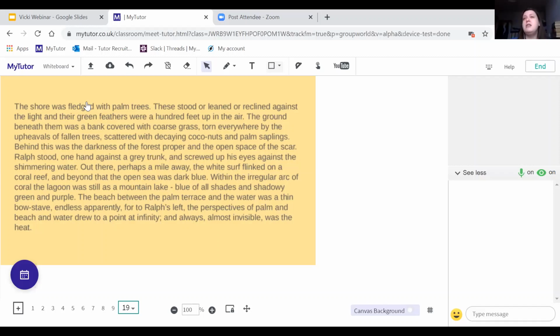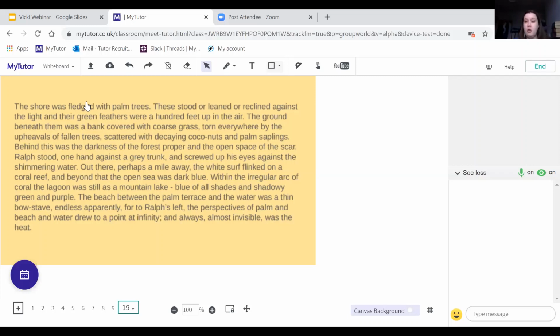I suppose you could say the complex sentences are almost list-like. So you could perhaps talk about why they are list-like. Well, because we're setting up a description of the scene, we're making a very clear set of images in the reader's mind, giving lots and lots of information.